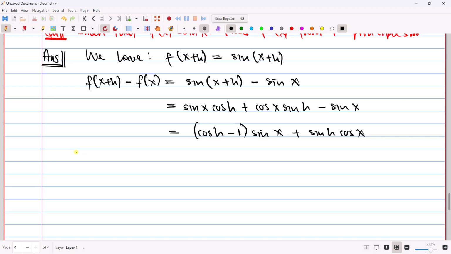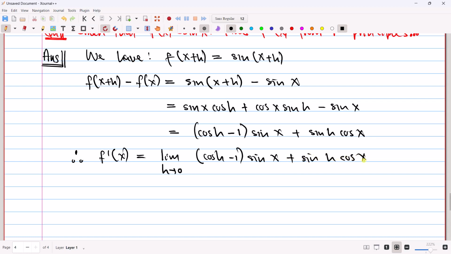Then the next thing we can do is plug into the formula. So what is f prime of x? It is the limit as h approaches 0 of cos h minus 1 times sine x plus sine h cos x, all over h.